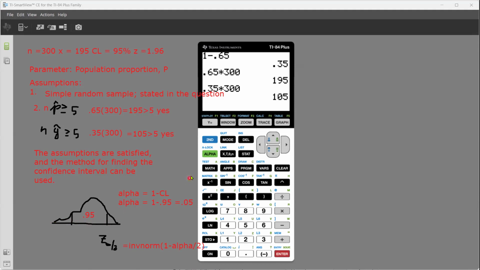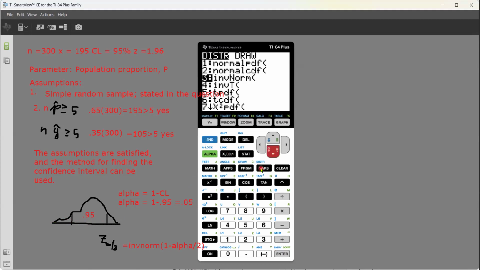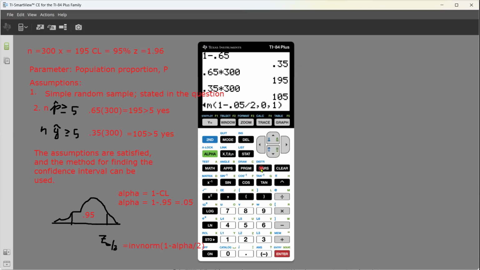So what we're going to do is go second, distribution, inverse norm, 1 minus, now I'm going to change this because it's not 0.02. This is 0.05. And again, at 0 and 1, because we're on the standard normal, paste it. And there it is, 1.96. Remember, this rounds to 2 places.